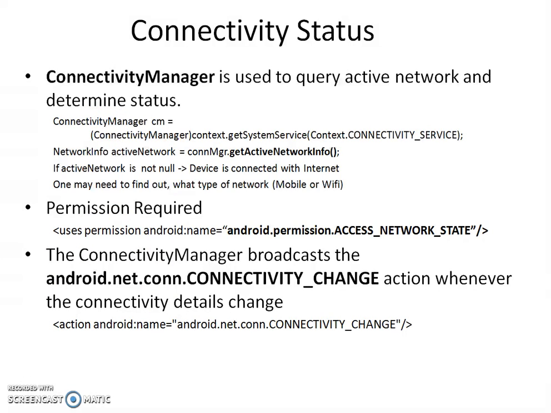Through this connectivity manager we can get our active network, and then we can find out the active network type, whether it is mobile or Wi-Fi, and depending on that we can take our action whether we want to call this web service or defer it. For that, we need to put a permission in our AndroidManifest.xml file called android.permission.ACCESS_NETWORK_STATE.